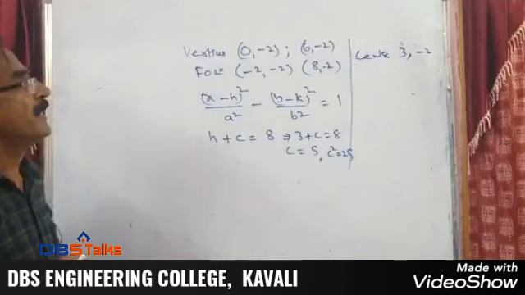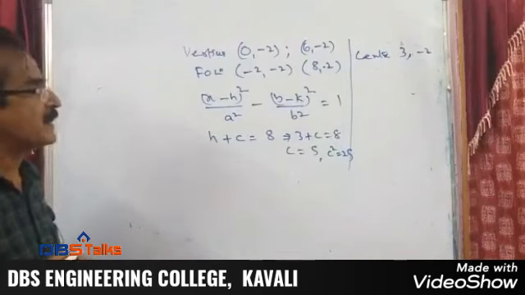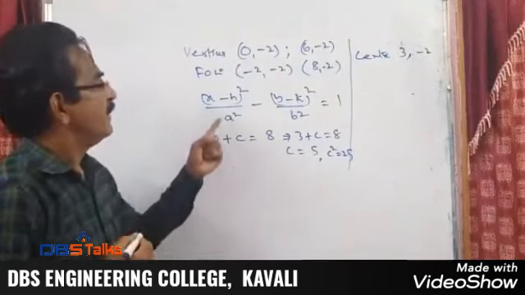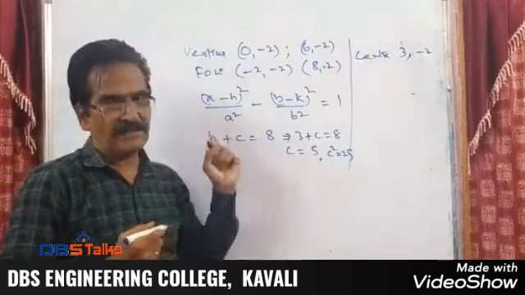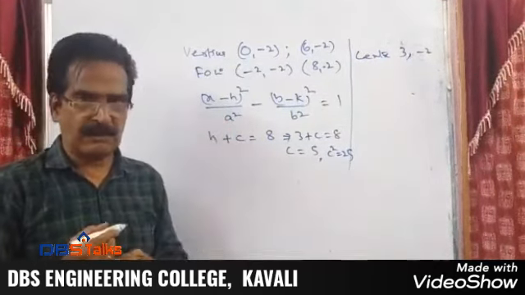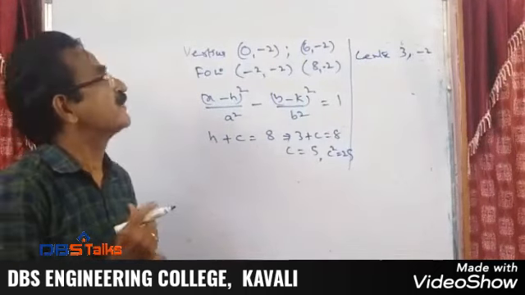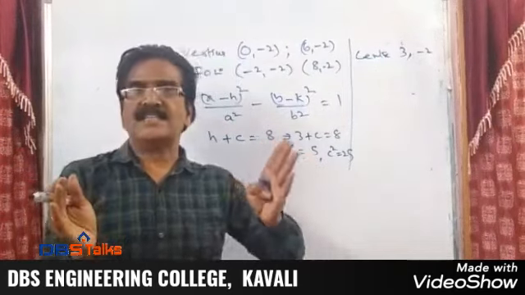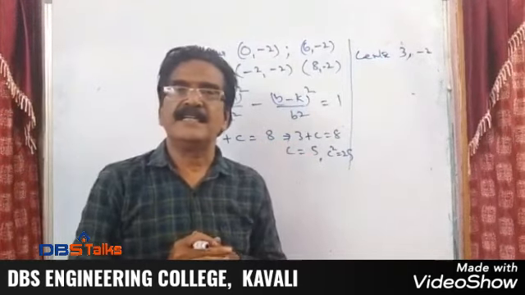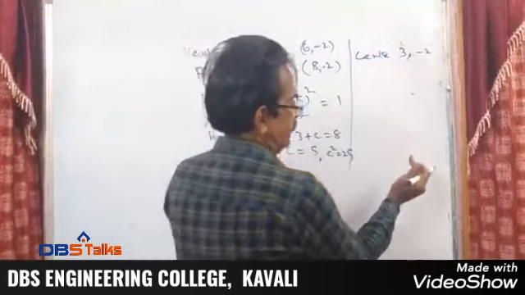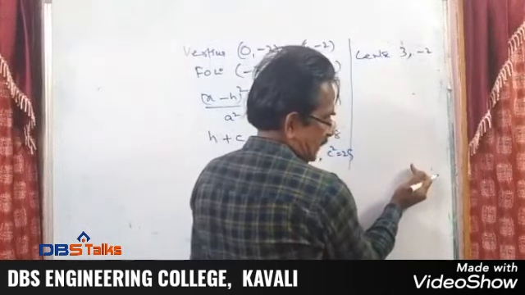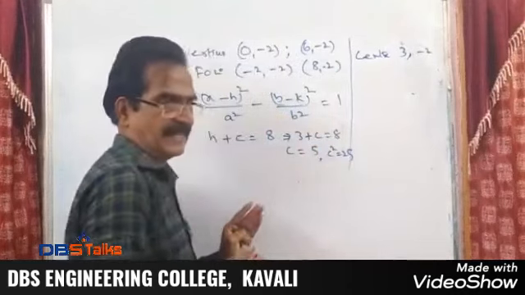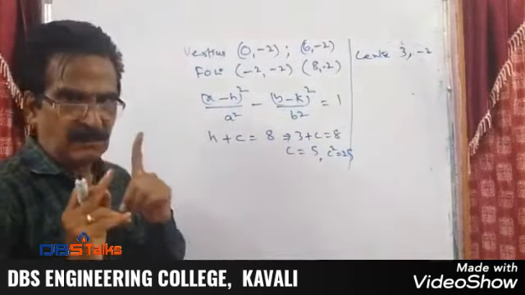And what do we need to find? A square and b square values. How can we find a square value? See, the length of the transverse axis, the distance between the vertices, is 2a.